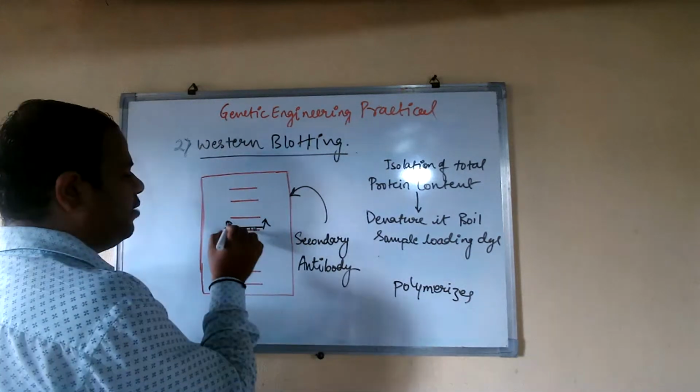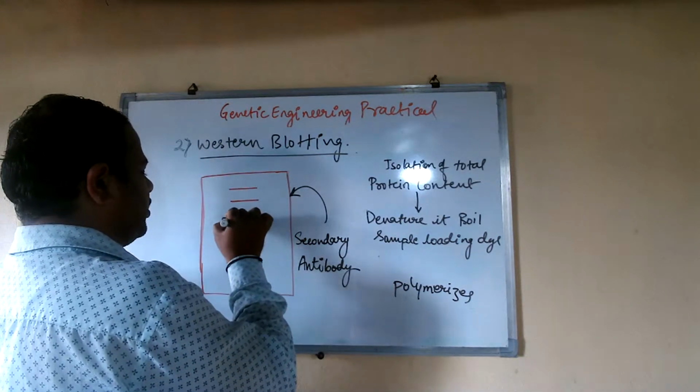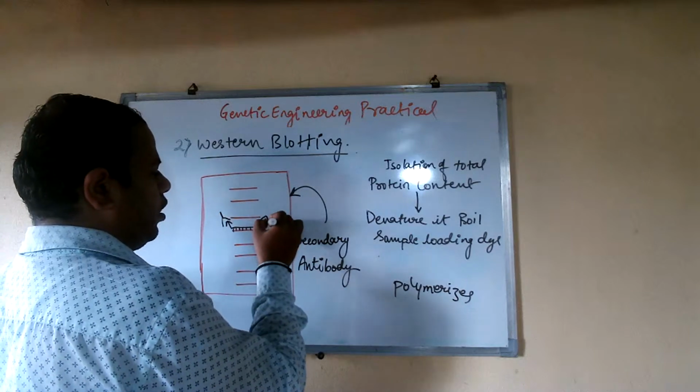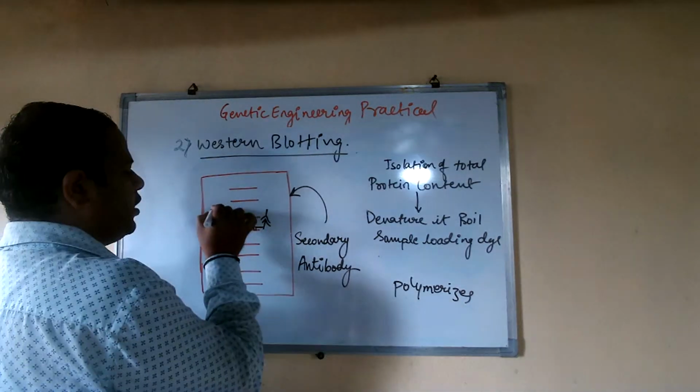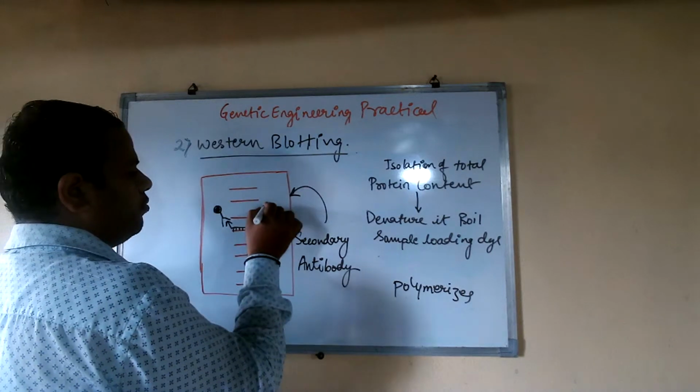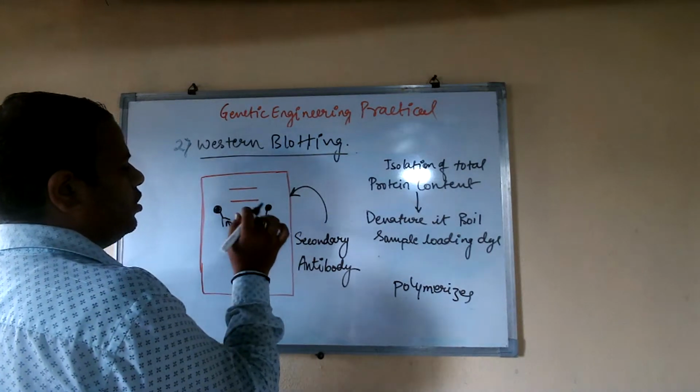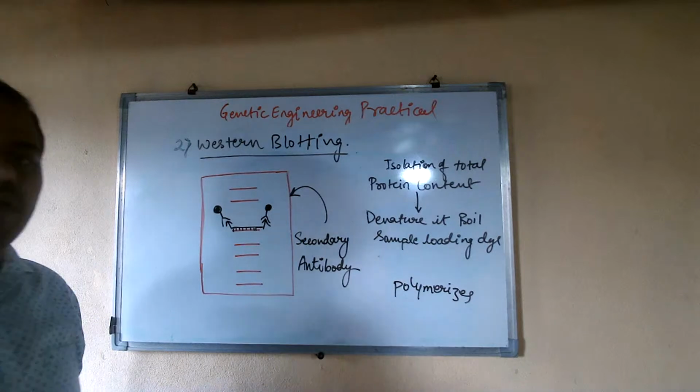The secondary antibody is going to bind at this position like this, and the secondary antibody is labeled with a particular enzyme.